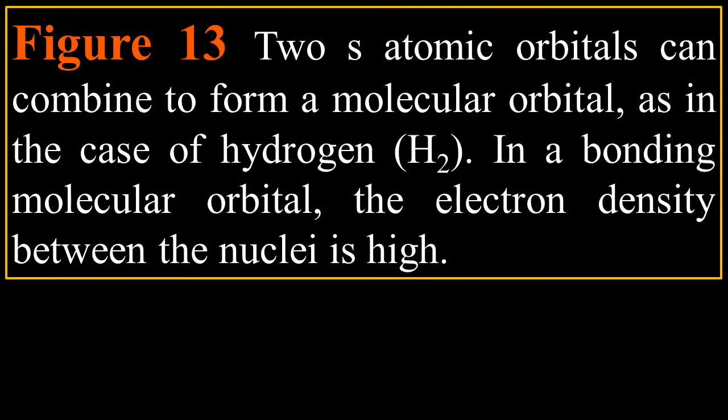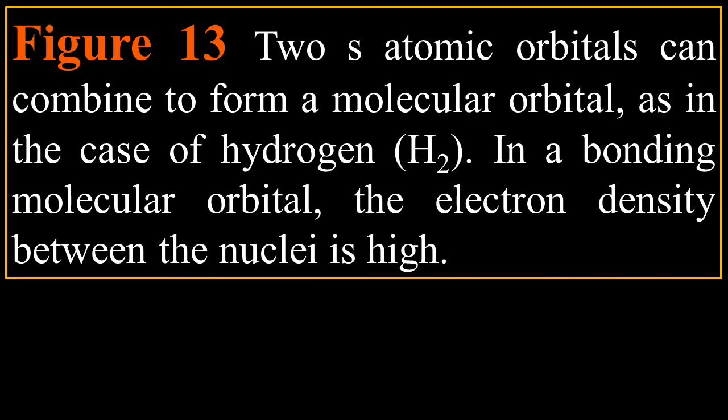2 s atomic orbitals can combine to form a molecular orbital, as in the case of hydrogen. In a bonding molecular orbital, the electron density between the nuclei is high. That's going to be a probability.